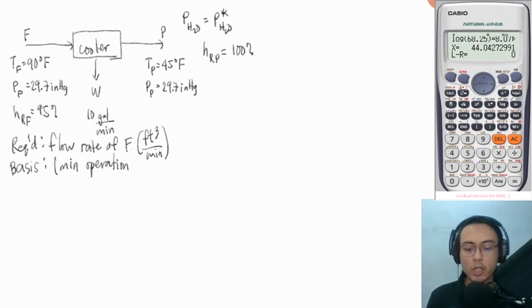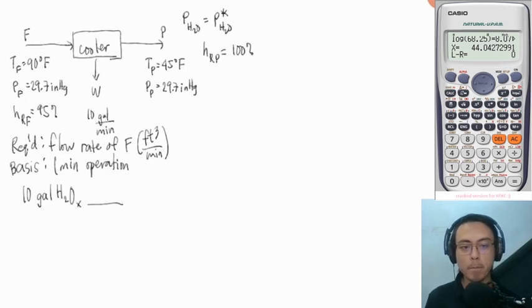Now, we cannot use gallons in our material balance because it's in volume. So let me turn it into mass and moles. So the 10 gallons of liquid water, we can actually use its density. So let me first find the density of water in pounds per gallon. Okay, let's use 8.344 pounds mass per gallon.